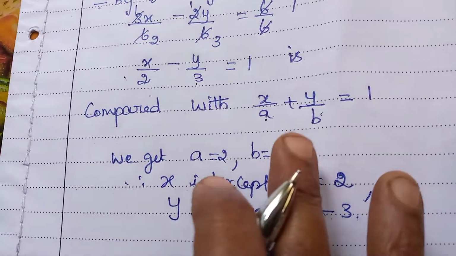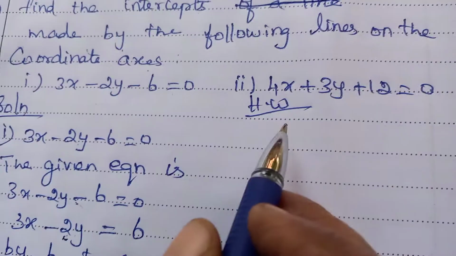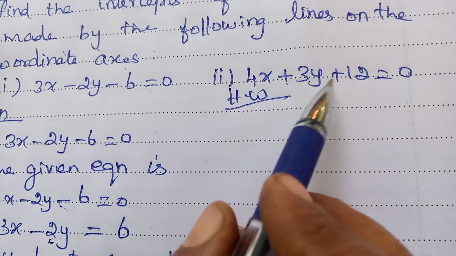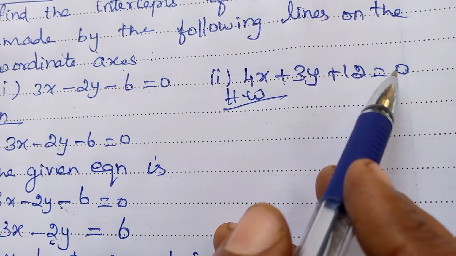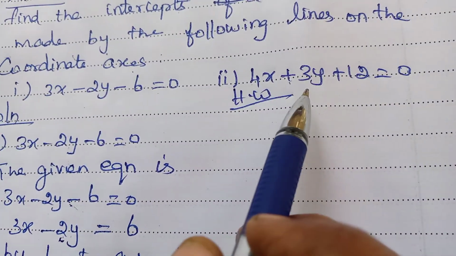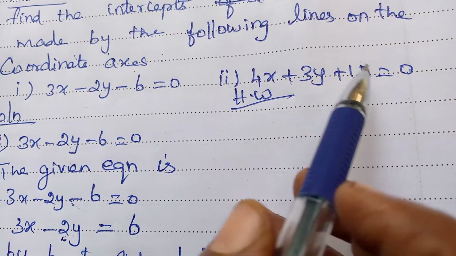One more subdivision is there, the second one, that is 4x plus 3y plus 12 equal to 0. We have to find the a and b values. How to do it? First of all, take this constant term to the right side.